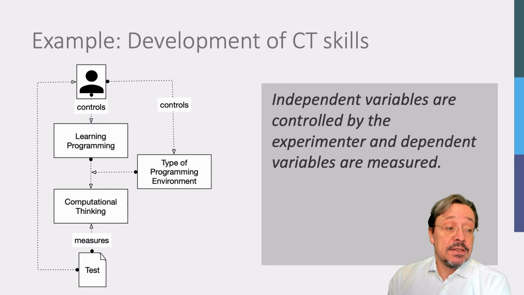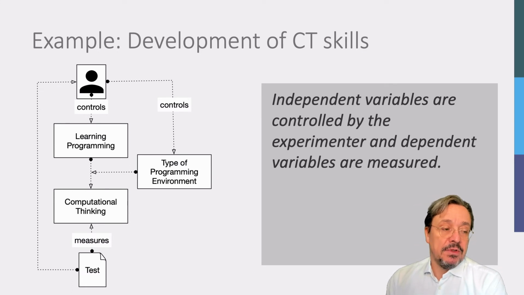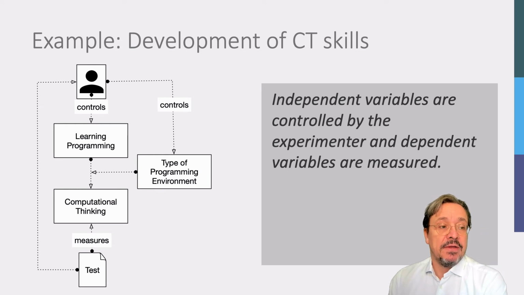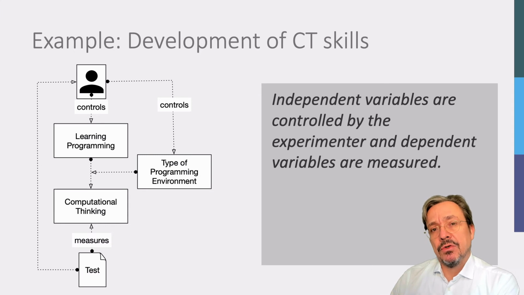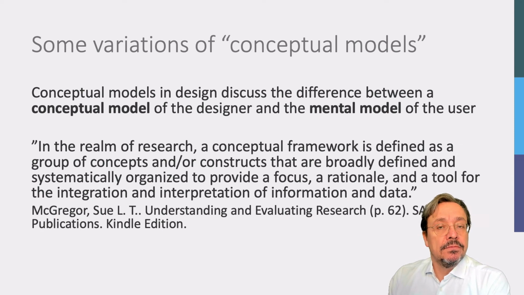And of course your outcome, your dependent variable in that case, the computational thinking, is measured by a test, and the results are the data collected by the experimenter. So the experimenter controls the independent variables, and the dependent variables are measured as an outcome.